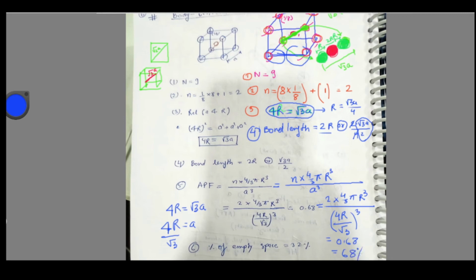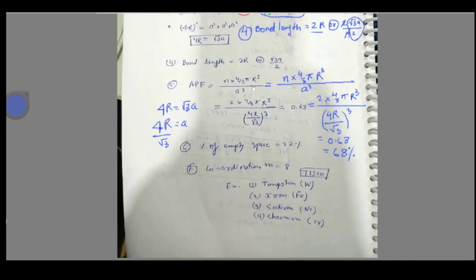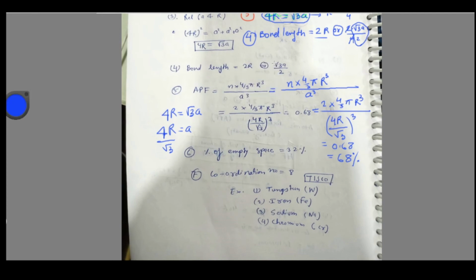68% of the unit cell is filled with atoms, and how much will the empty space be? The total space inside the unit cell is 100%, and the filled part is 68%.